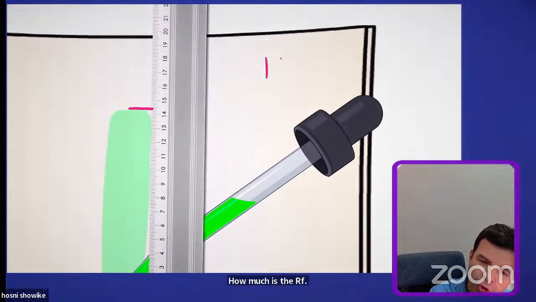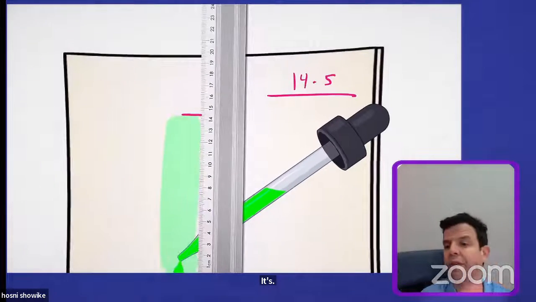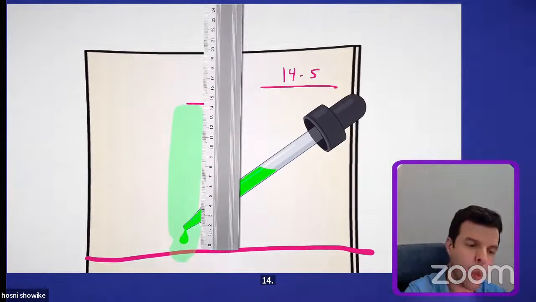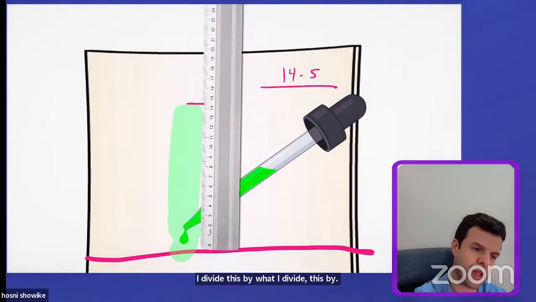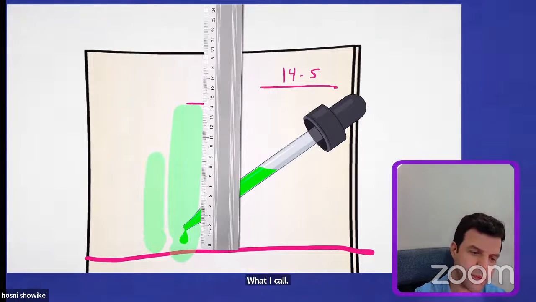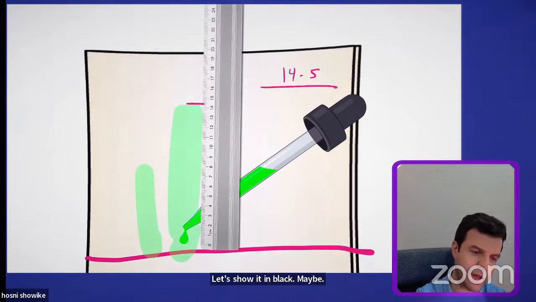It's 14.5. I divide this by what? I divide this by what I call the solvent front, which is this here. Let's show it in black, maybe. So you can, black, I said. Black, right, black. Doesn't want to.